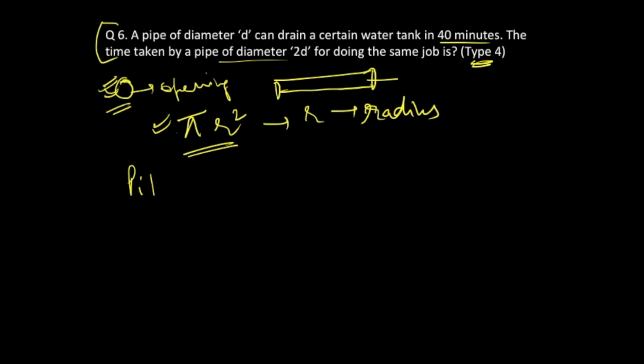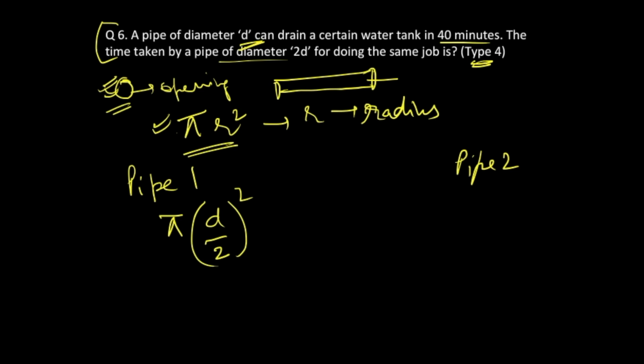So let's write it for pipe 1 and for pipe 2. Pipe 1's efficiency is going to be proportional to the area, that is pi, and the diameter of the first pipe is d, so you can write its radius as d by 2, giving pi (d by 2) whole square. Let's consider the ratio of it with the efficiency of pipe 2.